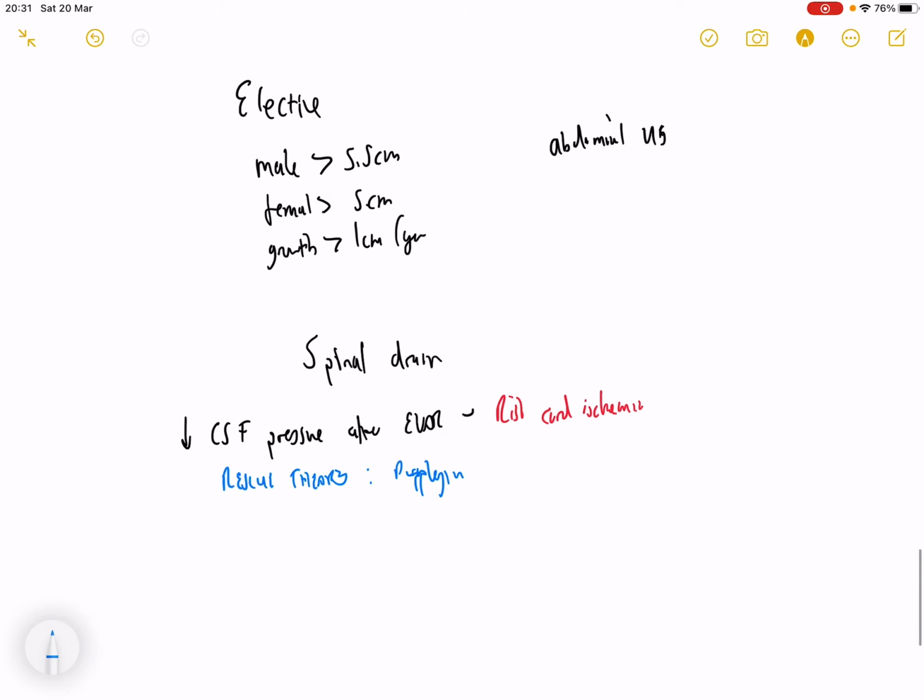Other things are to reduce ICP in neurosurgery, to get CSF results for chemistry, and temporary drainage in patients with shunts.